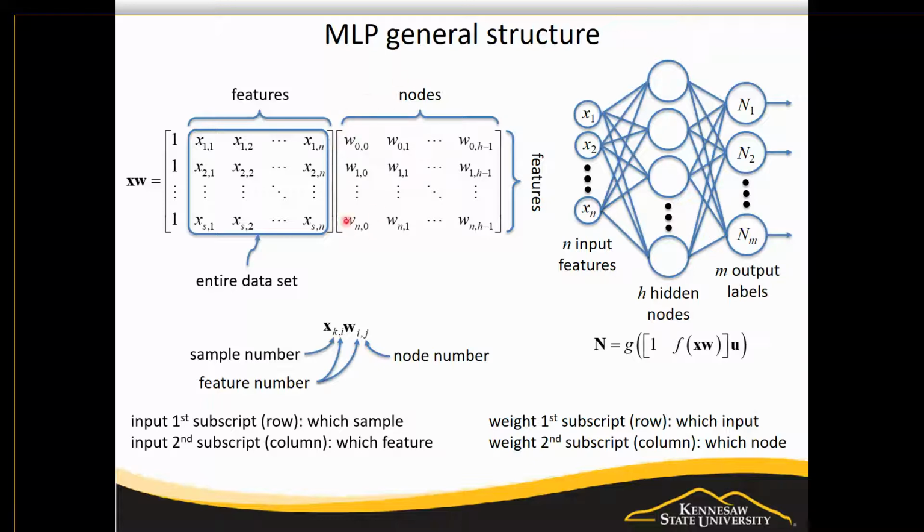And so I take these things and multiply them by these things, basically the dot product of this vector in the first row with this vector in the first column, multiplying them and adding them all together, and that gives me the sum of the value in this node that then goes to the activation function f before moving on to the output layer. So all the matrix operations work out just the way we want them to.